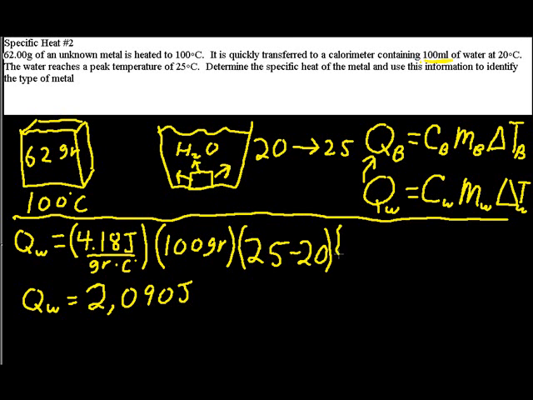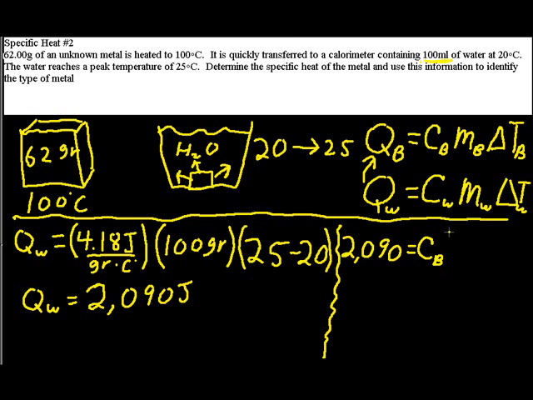Now, knowing that, I can now use the equation of the block to figure out specific heat. So what I do is I write down 2,090 joules is the heat that left the block, is equal to the specific heat of the block, which, by the way, I'm looking for.